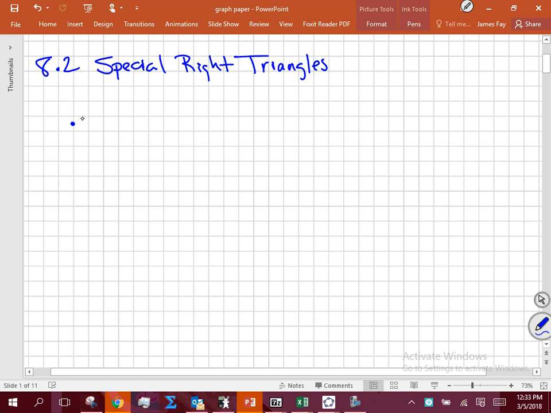The first triangle is a 45, 45, 90 triangle. Tomorrow we'll talk about the 30, 60, 90 triangle. What do you think those numbers represent? Those are your angles.